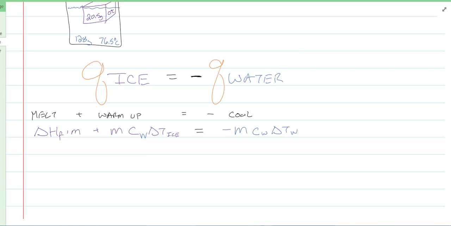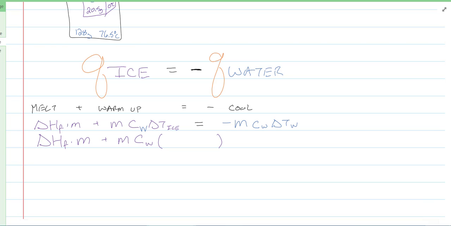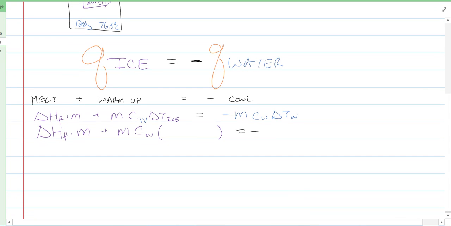So I'm going to write this down one more time. Delta HF times the mass plus M, specific heat of water, delta T of ice equals negative MC of water, delta T of the water. And it's going to be the final temperature, which is what we're looking for. The final temperature is going to be the same for both the ice and the water.